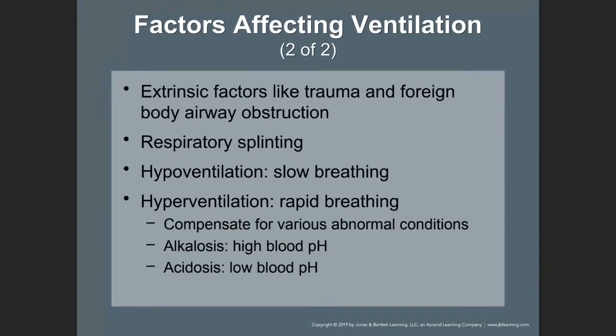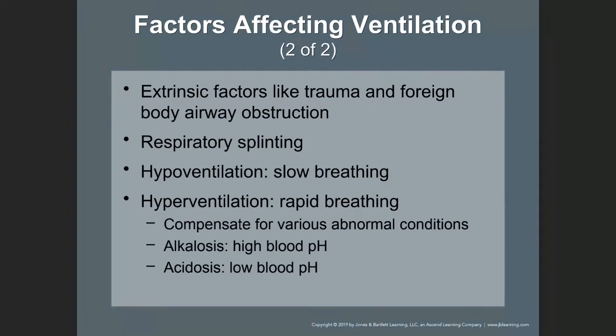Now, extrinsic factors like trauma and foreign body airway obstruction can also affect ventilation. Respiratory splinting, hypoventilation, which is slow breathing, hyperventilation, which is rapid breathing, compensate for various abnormal conditions.